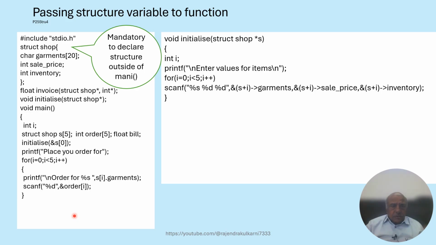So when I is equal to 0, S subscript 0 dot garments will display the 0th element of struct shop, and similarly to the 0th element of the int array order, the user input of the quantity he wants to purchase will be entered.